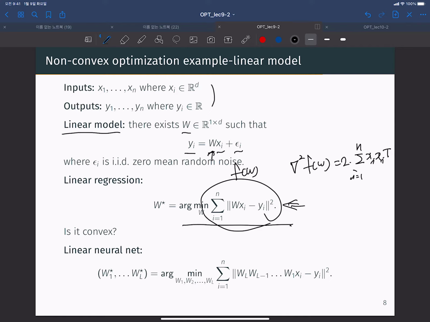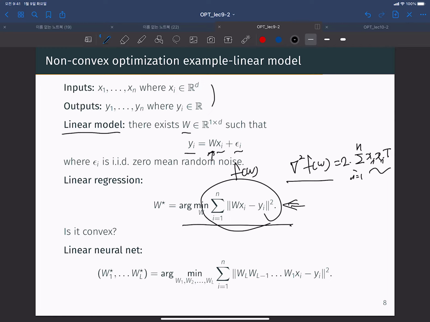Okay, so this is a positive semi-definite matrix, and a sum of positive semi-definite matrices is also positive semi-definite. So the Hessian is positive semi-definite, which means all eigenvalues are non-negative.